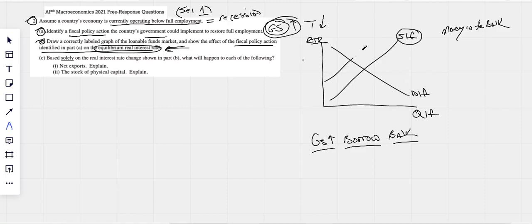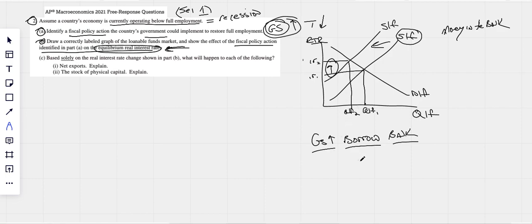Well, it has to decrease. So supply of loanable funds is going to decrease here, and that would drive up the real interest rate. Less money in the bank implies that the interest rate would go up. We would always finish our nicely drawn graph with maybe QLF1, QLF2. This is what they're really interested in, making sure you tell them what's going on with that real interest rate.